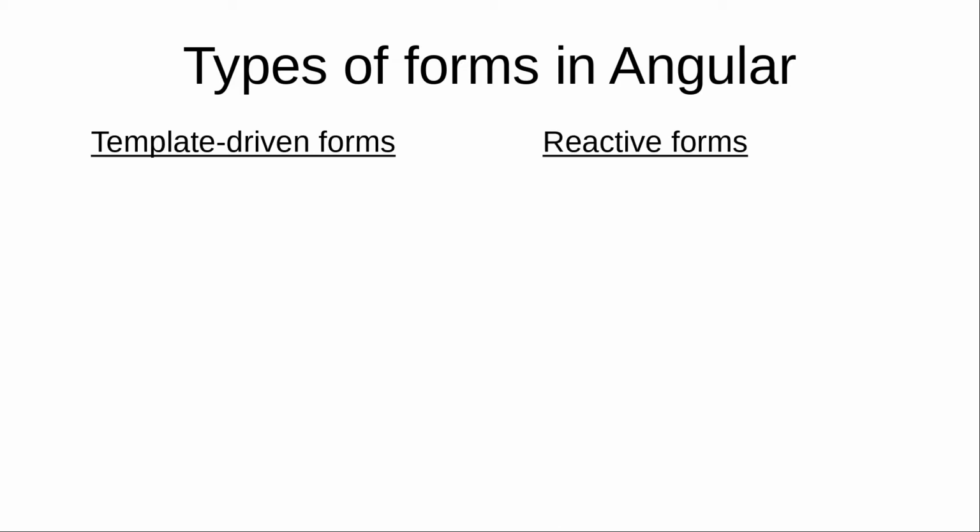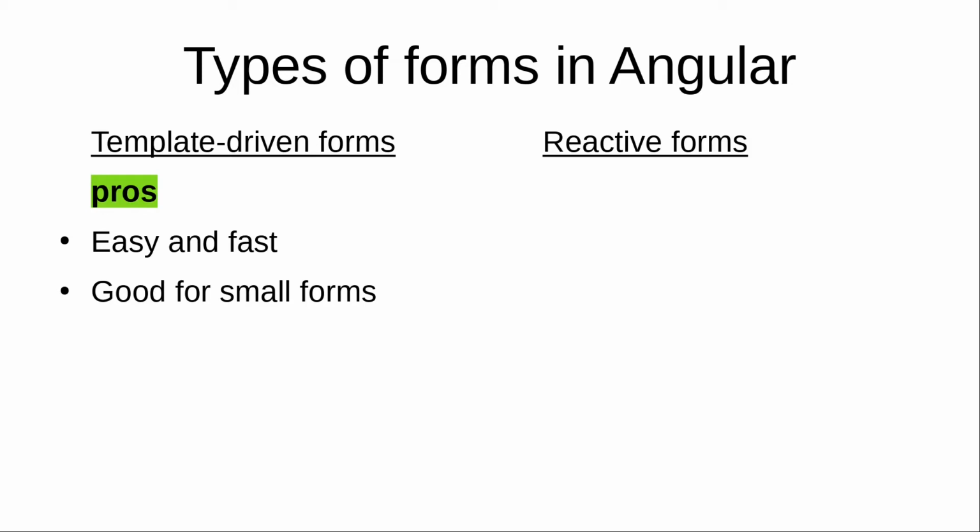There are also reactive forms. Reactive forms are forms whose logic is coded in our model, in our controller, and each one of them has pros and cons. Let's start with our template driven forms.